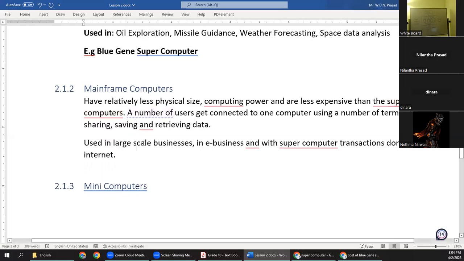Right. එහෙනම් බලමු. Let me show you a mainframe computer first.